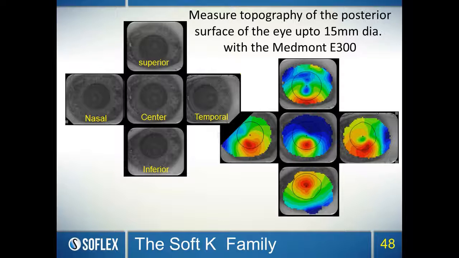The system allows us to measure 5 pictures: the center, superior, temporal, inferior and nasal, and the program can combine those 5 pictures into one and show us the topography of 15 millimeter diameter of the cornea.